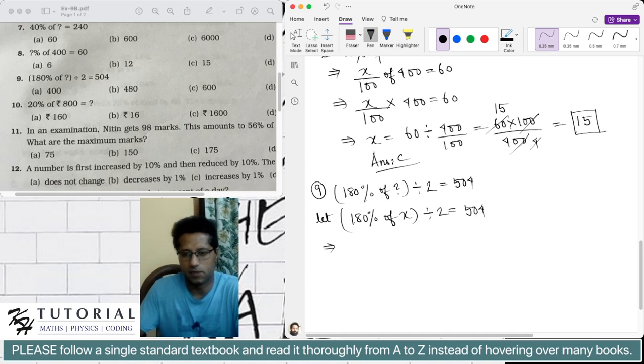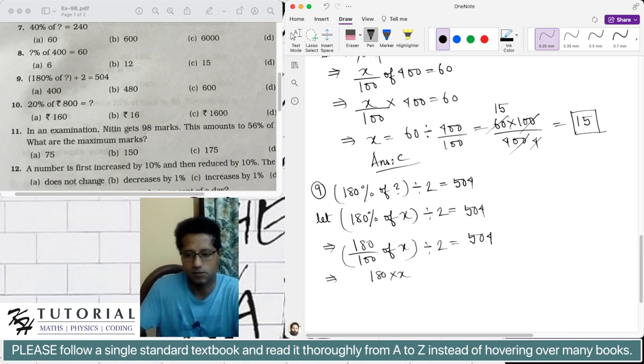Let's first simplify 180 percentage of x. 180 percentage means 180 by 100 of x, divided by 2, is equal to 504. The of operator means multiplication. So we have 180 multiplied by x divided by 100, and this whole divided by 2 is equal to 504.